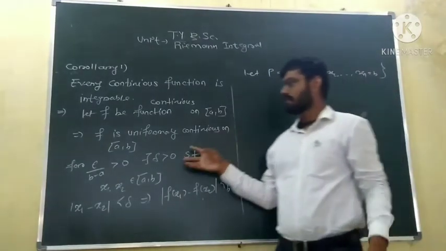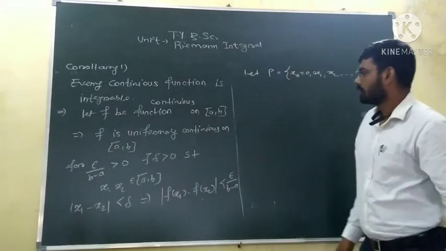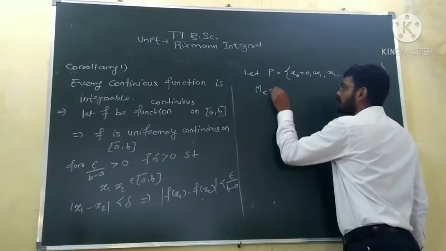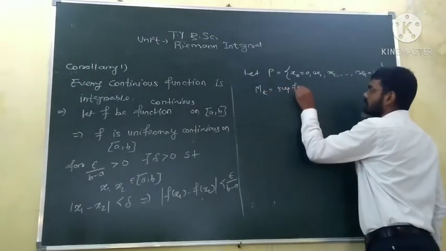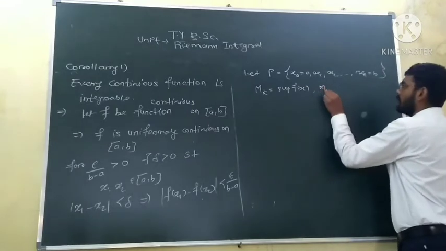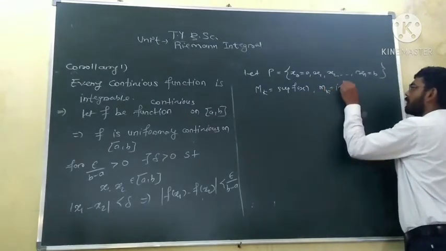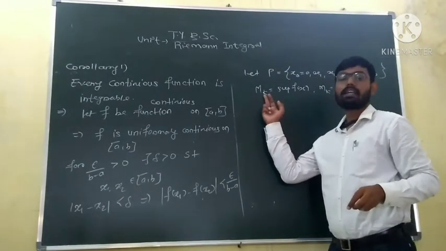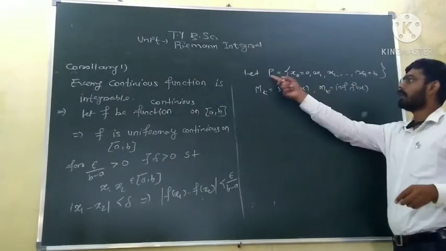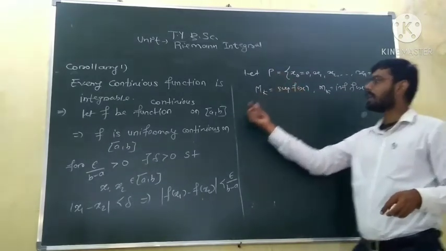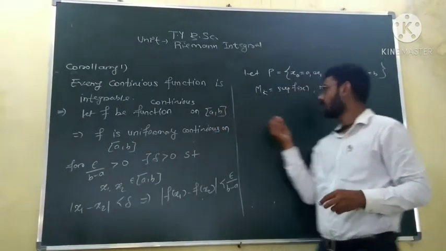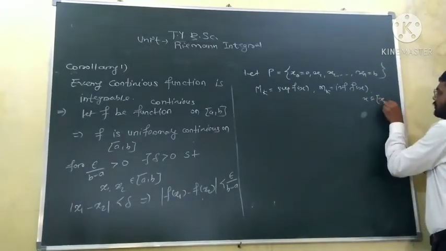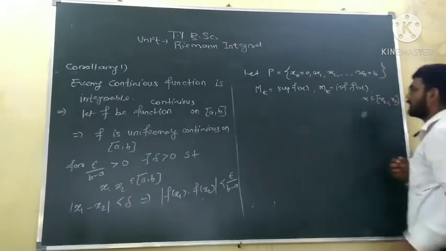We have taken this partition P. Capital M_k is the supremum of the function and small m_k is the infimum of the function in the kth subinterval, since the partition divides the interval into subintervals, whenever x belongs to [x_{k-1}, x_k], that is, the kth subinterval.